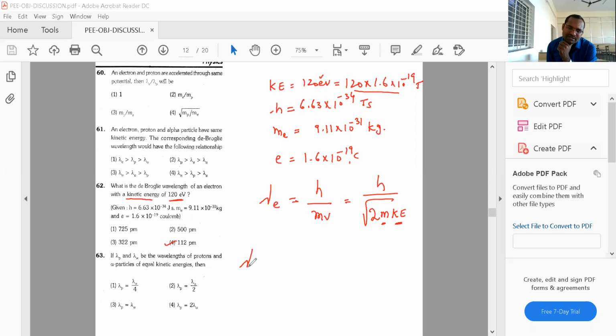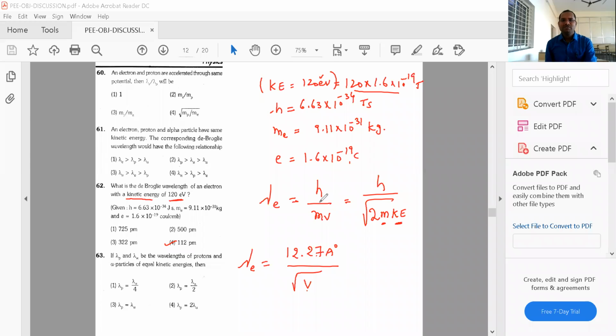We know the kinetic energy of the electron. The direct formula is 12.27 angstrom upon under root of voltage. We know this formula directly, but voltage is not given. Even though voltage is not given, kinetic energy is given here.